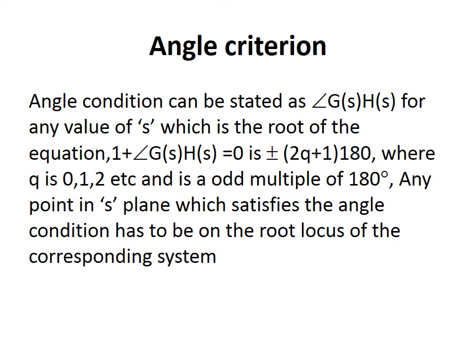If we find that it is an odd multiple of 180 degrees, meaning 180, 540 and so on, where q ranges from 0, 1, 2: when q is 0, you get 180 degrees; when q is 1, you get 3 times 180; when q is 2, you get 5 times 180, and so on. So if the sum of all the angles is an odd multiple of 180, then you can say that the particular point belongs to the root locus, otherwise no. That is what the angle criterion is about.